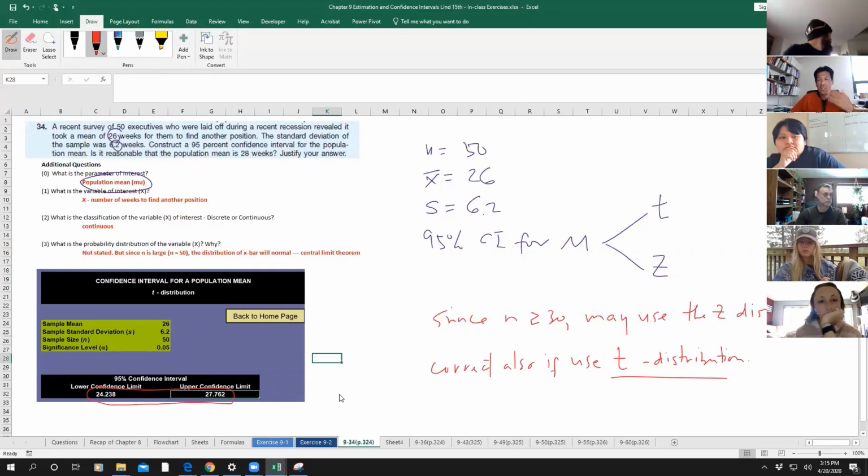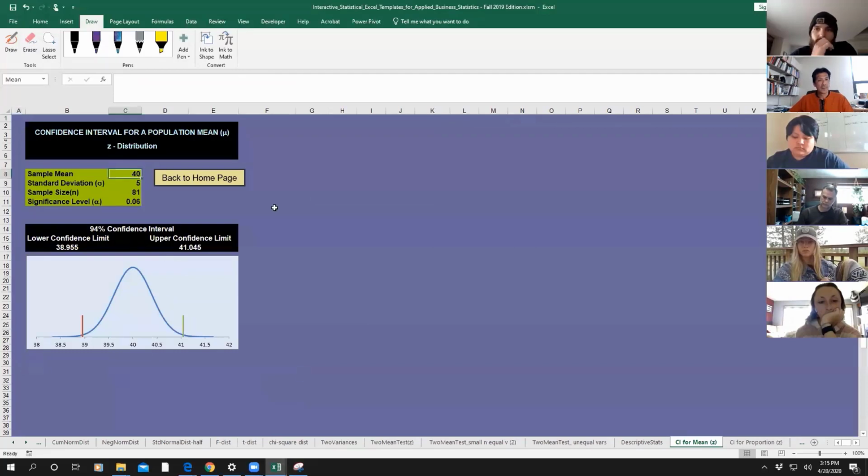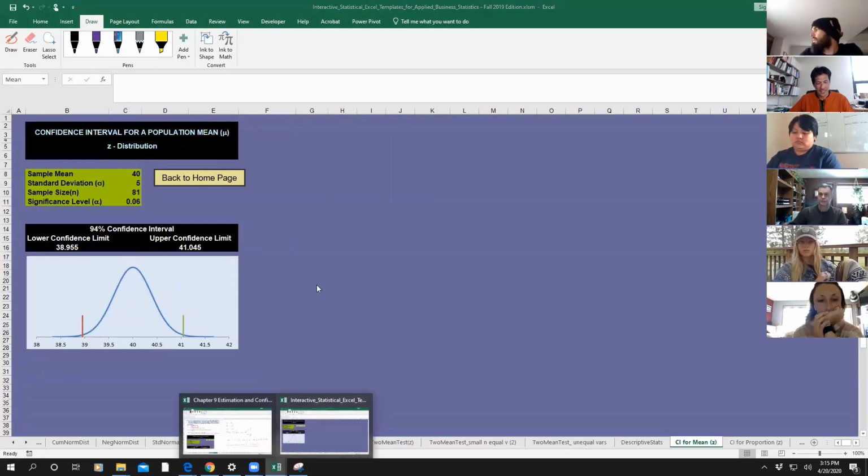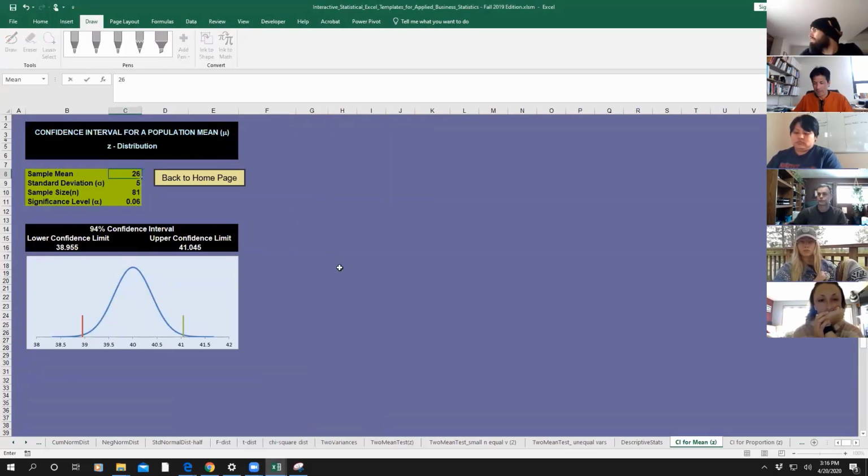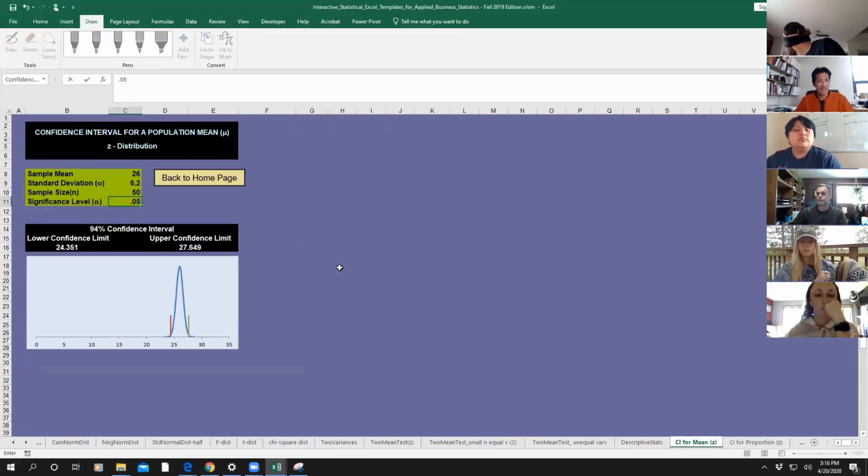Okay, let's solve this same problem, but this time we will use the Z distribution. Sample mean, 26. Standard deviation, 6.2. Sample size 50, and 0.05.